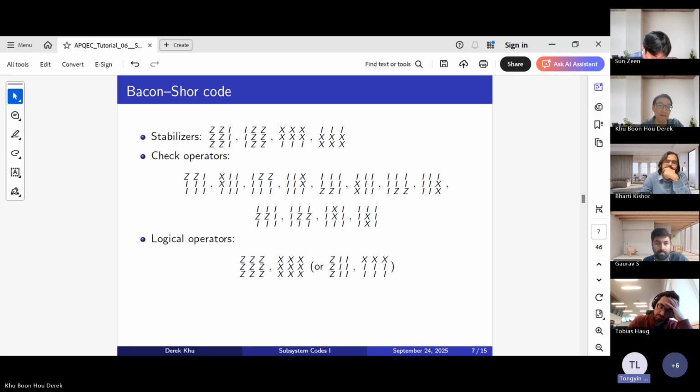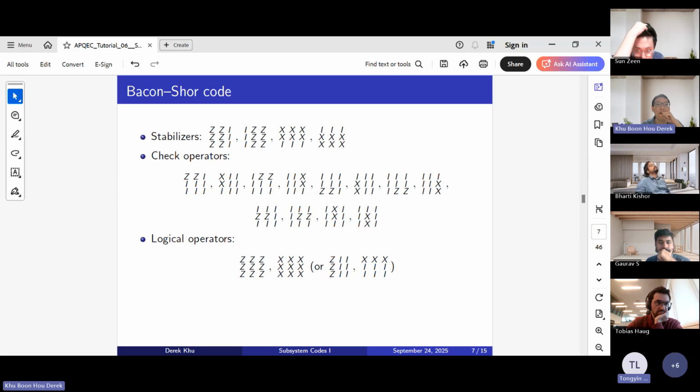I'm thinking that as the check operators do not necessarily commute with each other, the stabilizer group of a subsystem code is not like that of the stabilizer code. Yes.